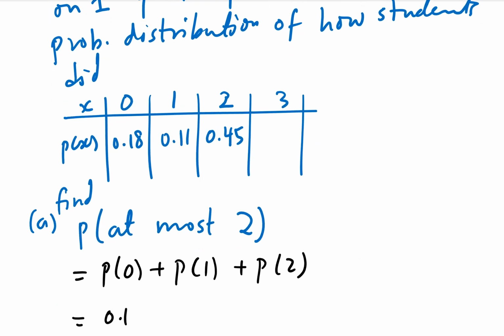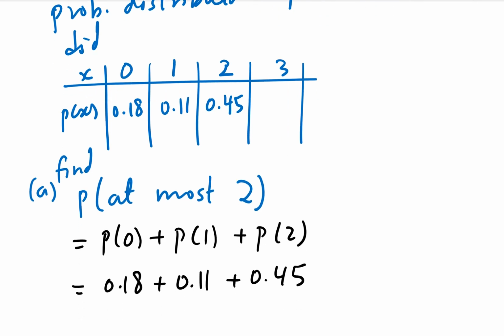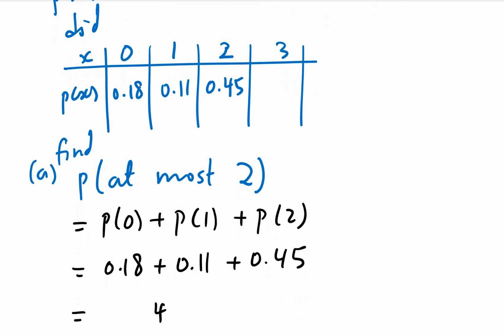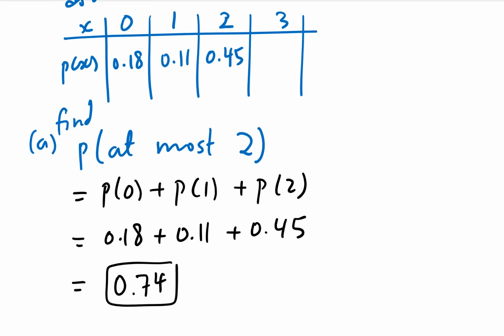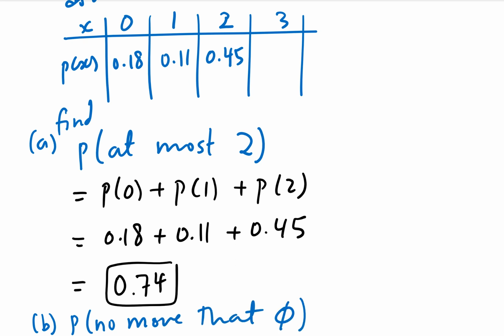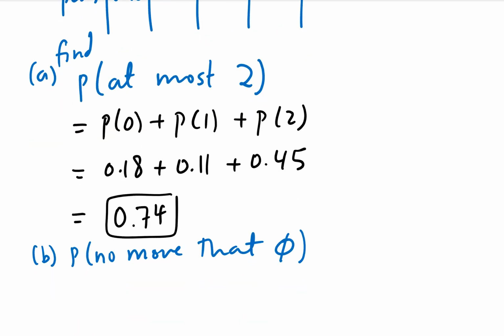Those are 0.18, 0.11, 0.45, and we add them up: 0.74. No more than 0 is basically just 0, and if you look at the table, it's 0.18.